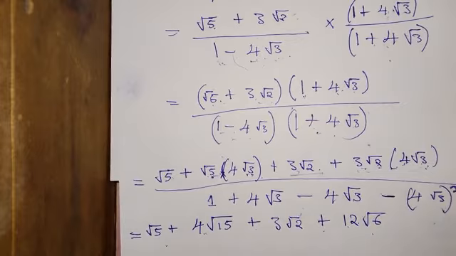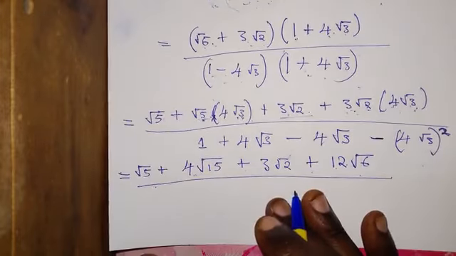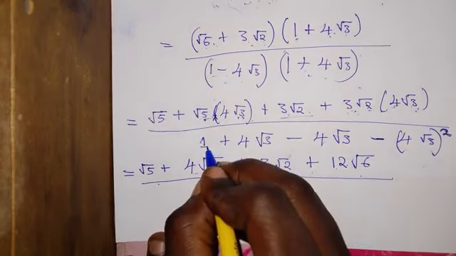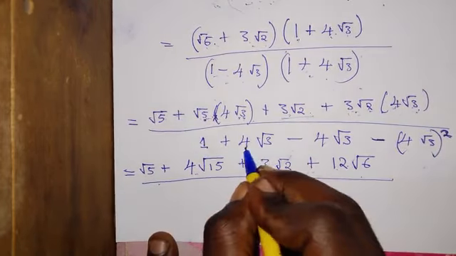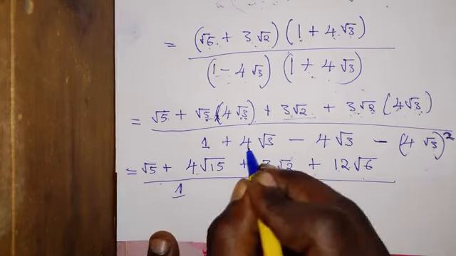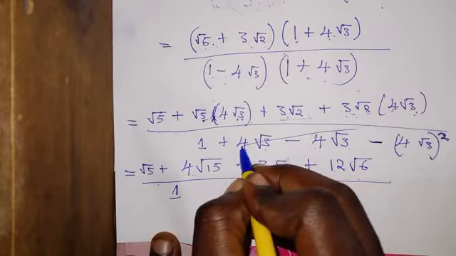That is our numerator. And what about the denominator? In the denominator we have this one. Do we have any other? No. So I'm going to have 1. 4 root 3 minus 4 root 3, basically this is a 0. So this goes.